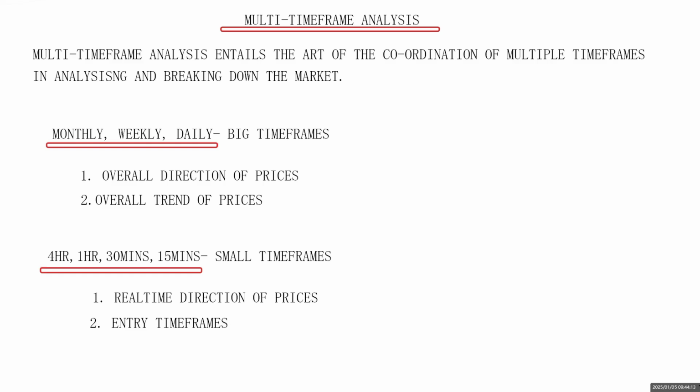Obviously, the small time frames also give us the real-time trend of prices. That is, okay, quickly, is price trending in the direction of the big time frames, or is price giving us a quick retracement opportunity? That is a quick trend in the opposite direction for us to just grab a very quick retracement opportunity.